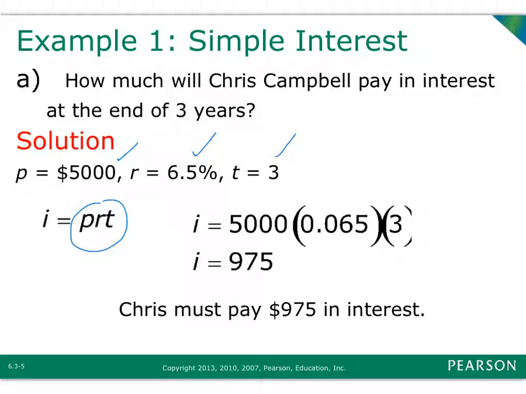We plug in 5,000 for P, we plug in 0.065. Notice we've changed the percentage to decimal form for R. And finally, we have 3 years for time T. When we do the multiplication, we get 975. So the interest that we're actually paying is $975 over the 3-year period.